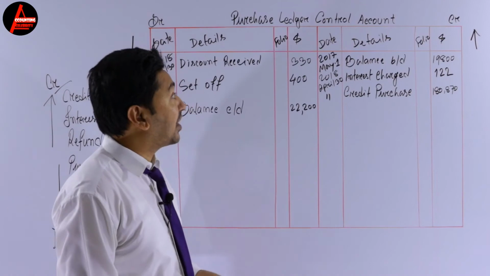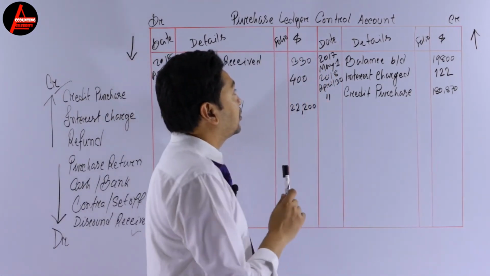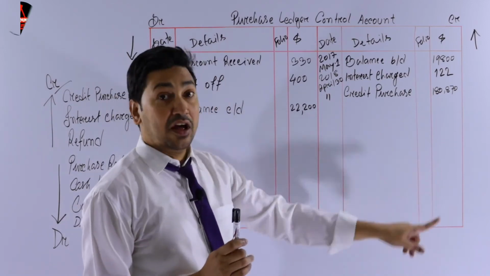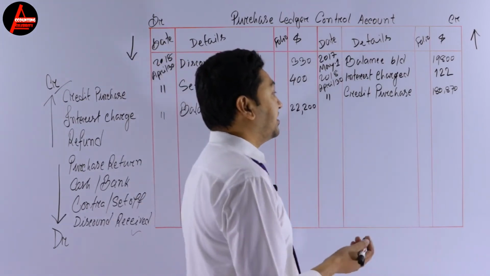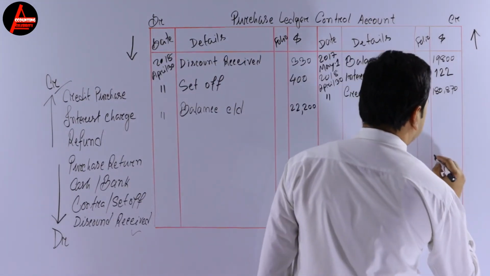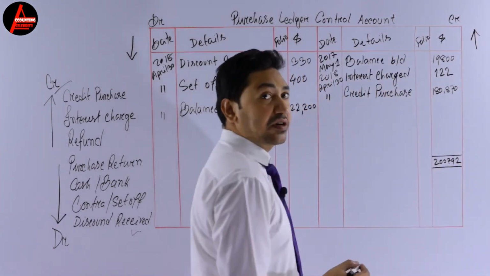Okay. Now we have to calculate the amount paid. So how to calculate? You need to check which column is greater in money. So this column is greater. Yeah. So the greater column you need to add first of all. So let us insert the total here, 200,792. Okay.